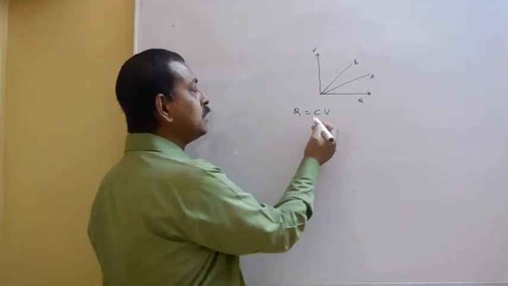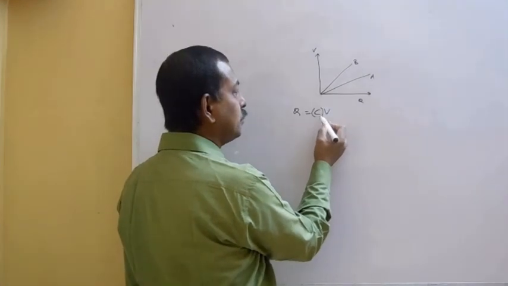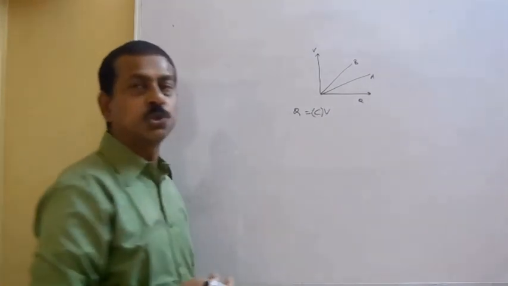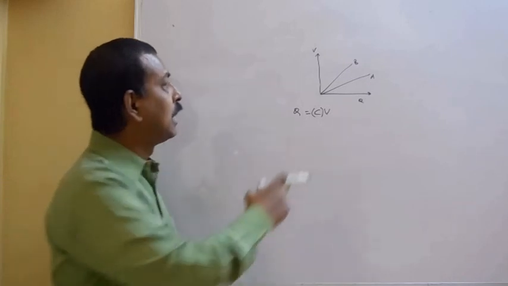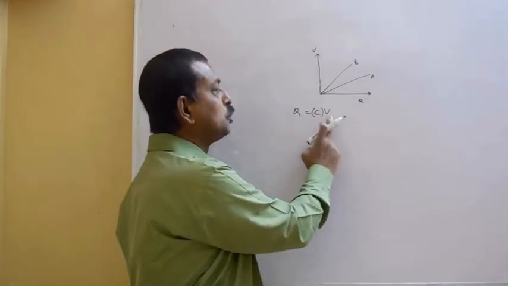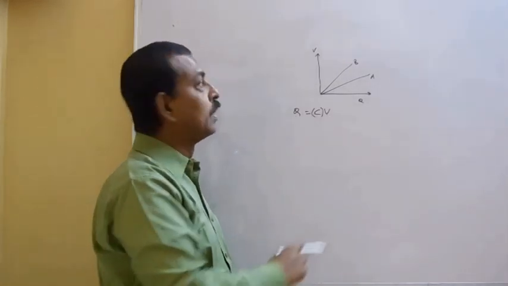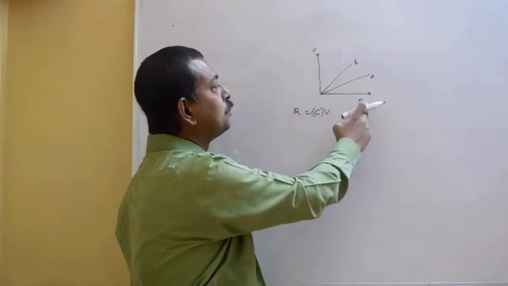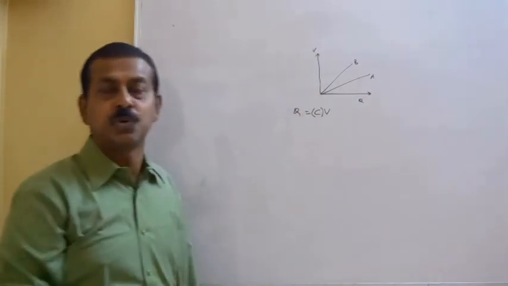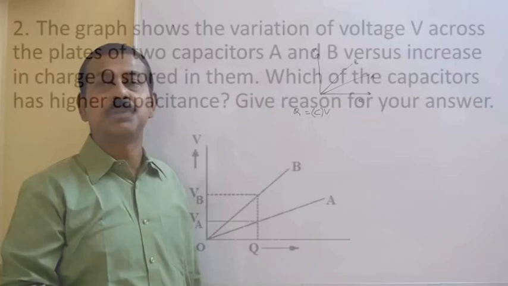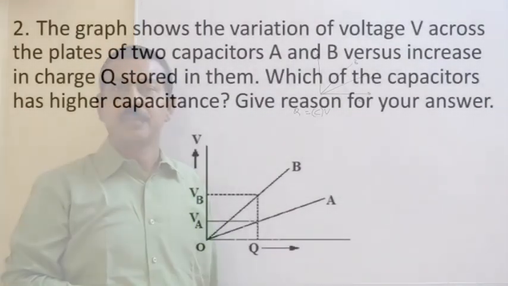So C is the slope if the graph is plotted for Q and V. But here it is the graph of V and Q, so obviously it is the reciprocal of the capacitance.